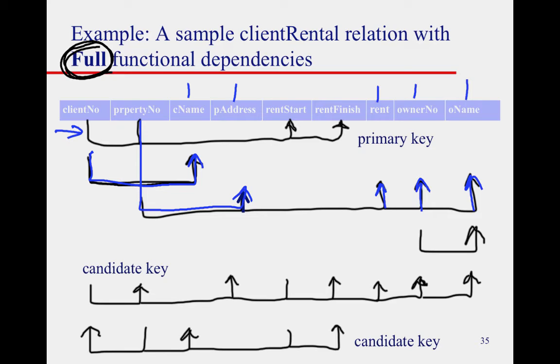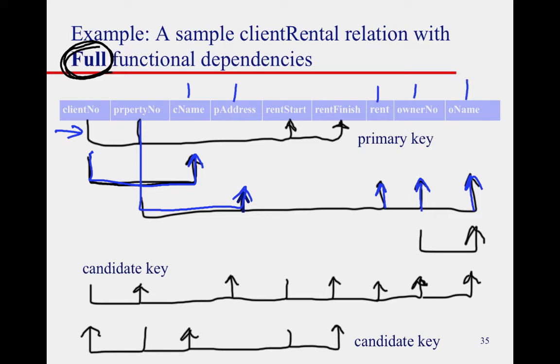So if we have a full functional dependency, we're only representing the set of attributes that is necessary, that requires that complete set to uniquely identify them. We don't need both client number and property number to uniquely determine a client name.